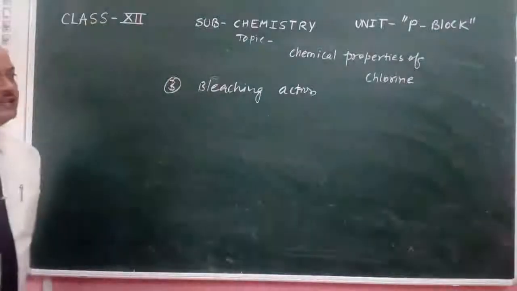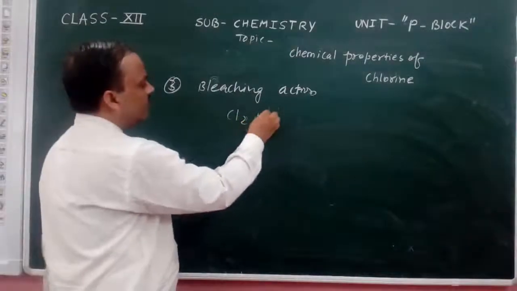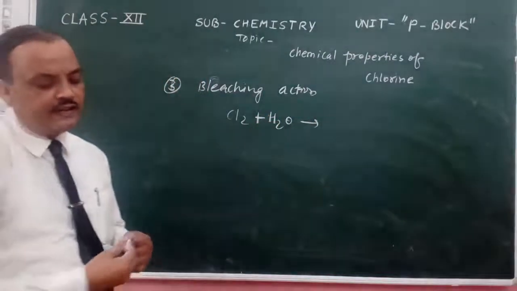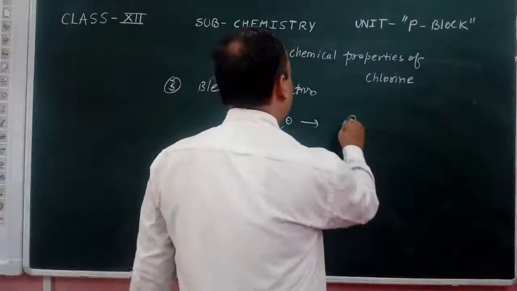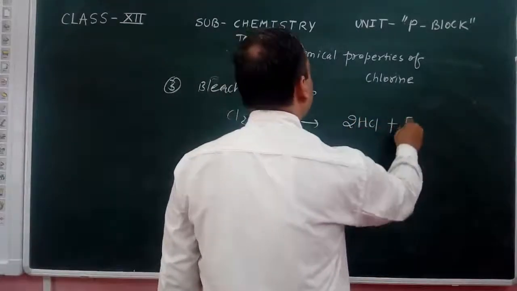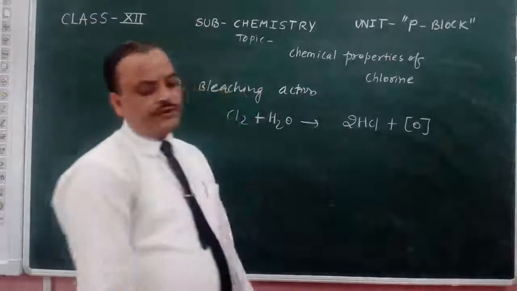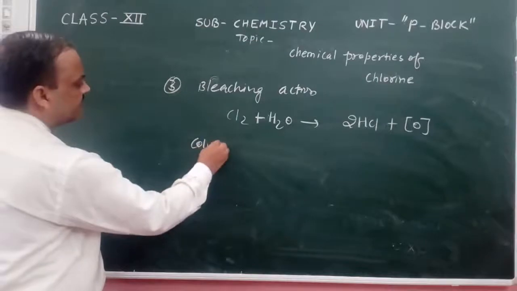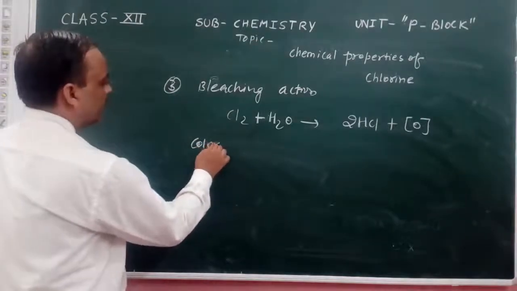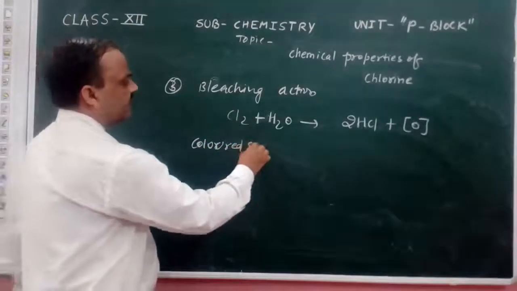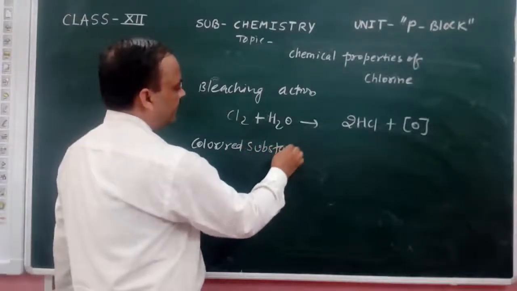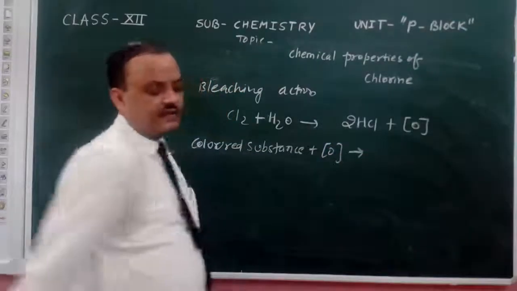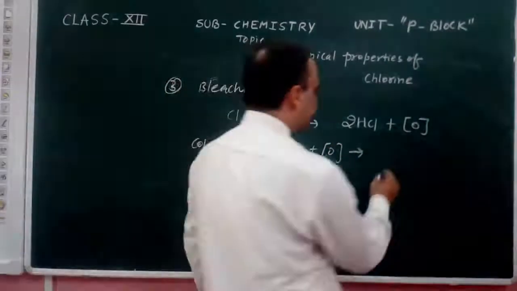In bleaching action, Cl2 plus H2O is utilized, and then 2HCl plus nascent oxygen is produced, and this colored substance reacts with this nascent oxygen, and the substance becomes colorless.